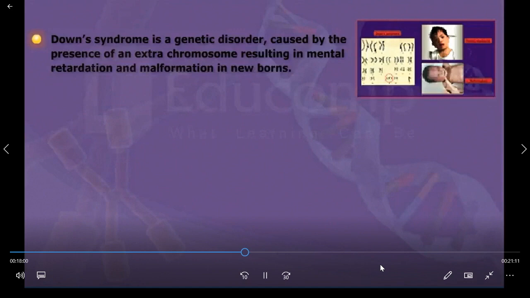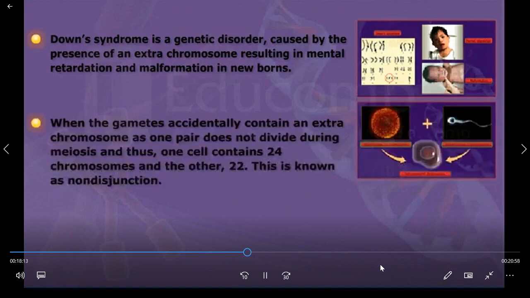Down syndrome is a genetic disorder caused by the presence of an extra chromosome, resulting in mental retardation and malformation in newborns. When the gametes accidentally contain an extra chromosome, as one pair does not divide during meiosis, and thus one cell contains 24 chromosomes and the other 22. This is known as non-disjunction.